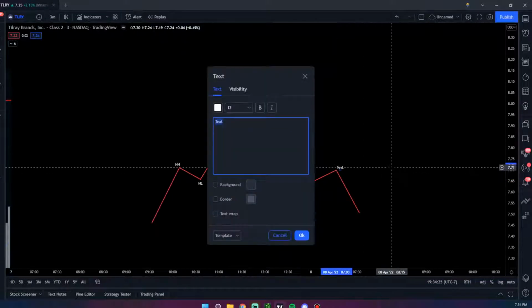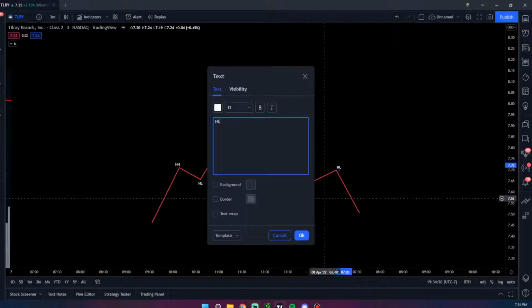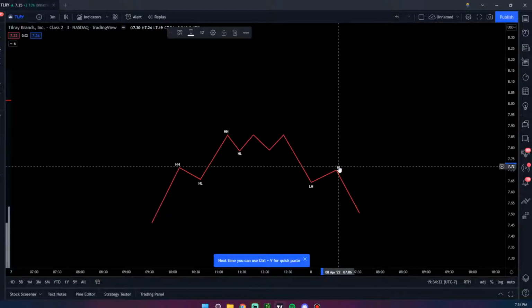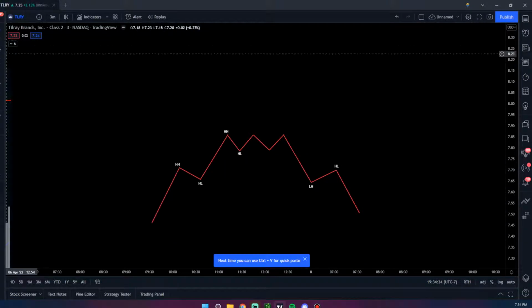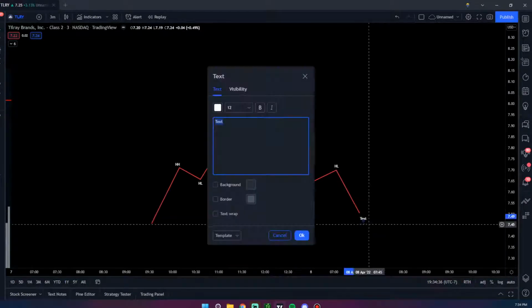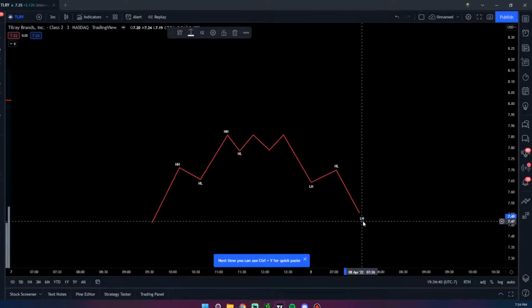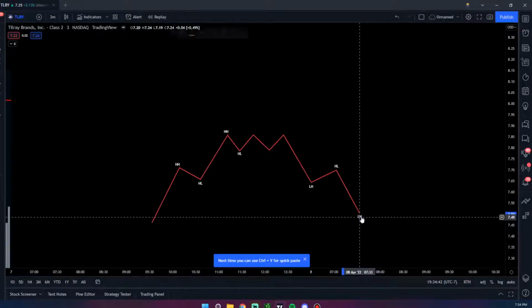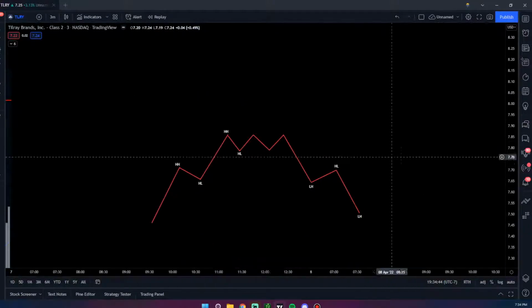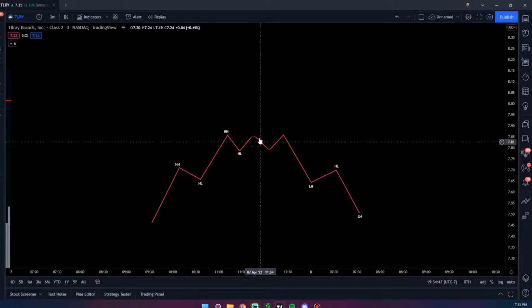And over here we have a higher low, right? And then this becomes our next lower high. Hopefully everybody can agree the market moves like this. Of course, not exactly like this, but some variation of this, right?